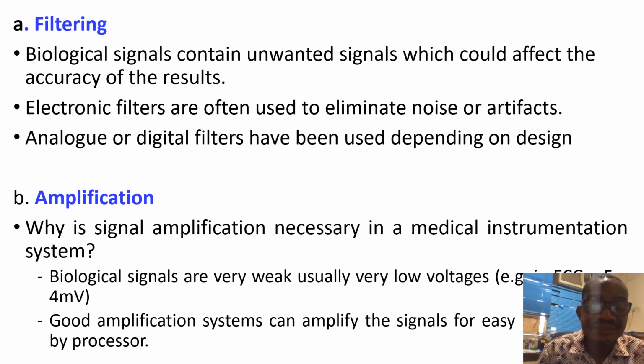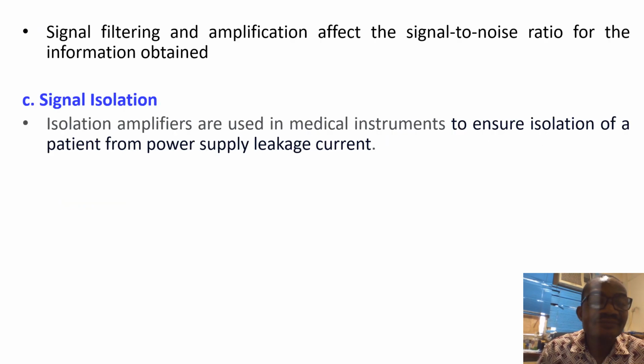So it's important that the signal is amplified. Biological signals are very weak. Usually the voltages are very, very low, in the range of microvolts and very low millivolts. So good amplification systems can amplify the signals for easy interpretation.